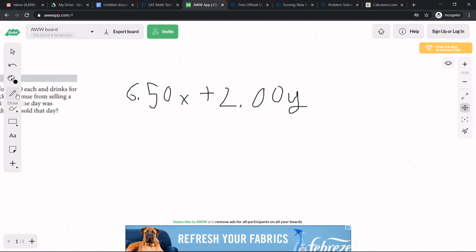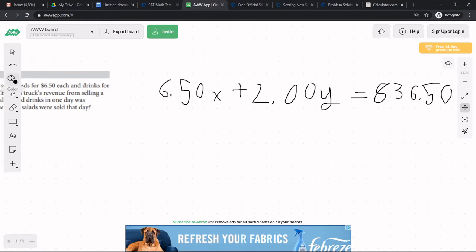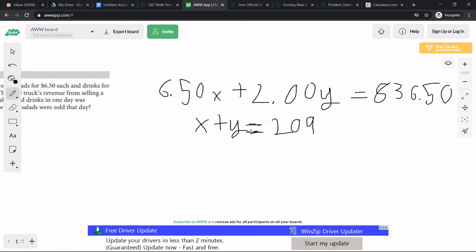So we'll make this equal to 836.50, and we'll do x plus y. This is the total number of salads and drinks, equals 209.